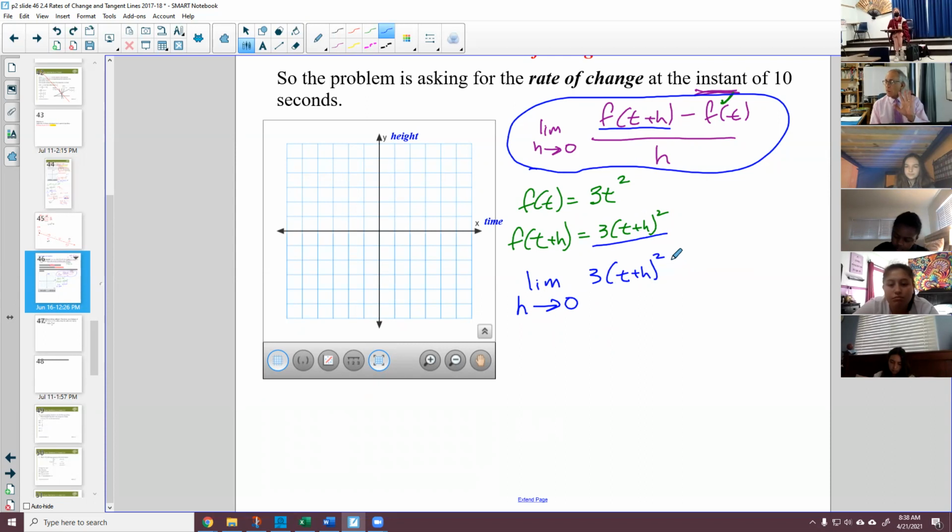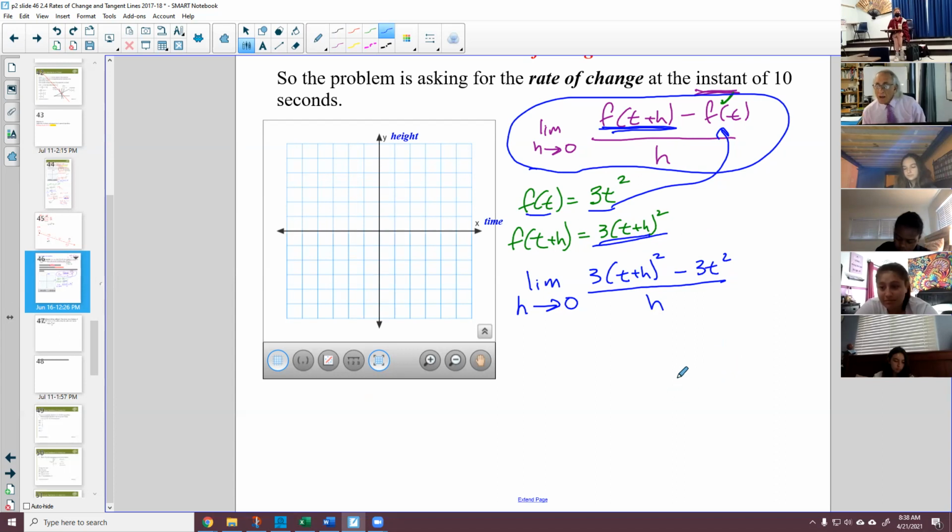Everybody clear on what I just did there? I just took f of t plus h and stuck it into my formula, minus f of t, which is just 3t squared. I stuck f of t into that part there. And this is divided by h.